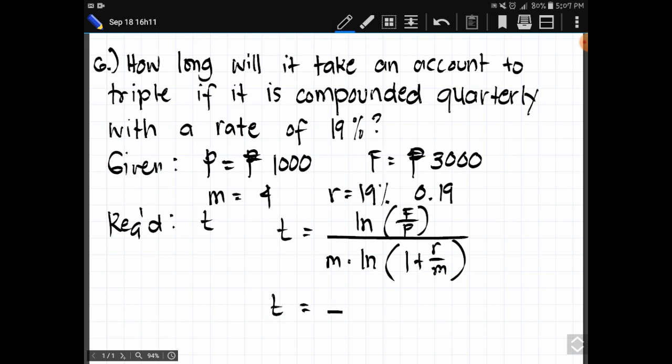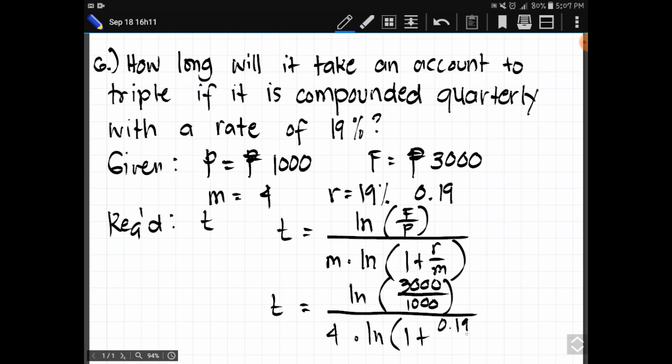T is equal to ln of our F, or the final amount, which is 3,000 pesos, over 1,000 pesos, all over the M, or 4, multiplied by ln of the quantity 1 plus our rate, which is 0.19 over M. Therefore, it will give us the time, which is 5.92 years.